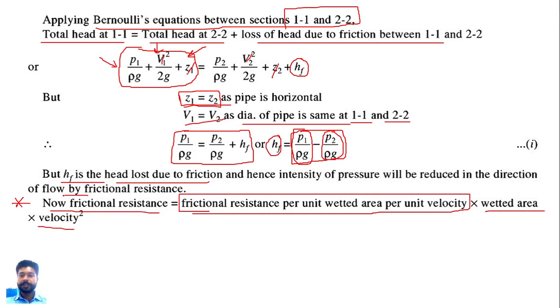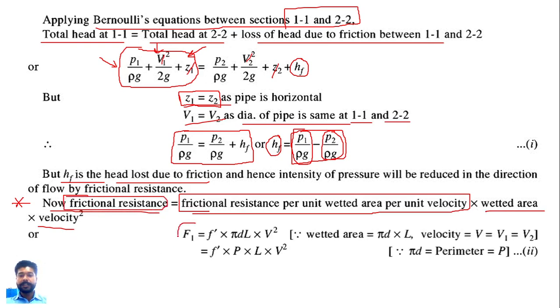That is your frictional resistance F1, and F dash is the frictional resistance per unit wetted area per unit velocity squared.